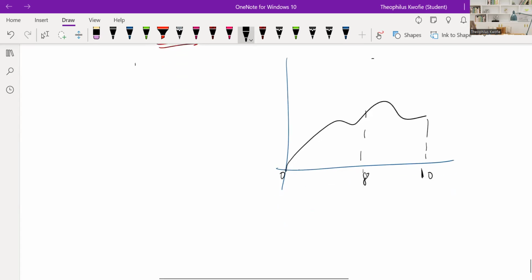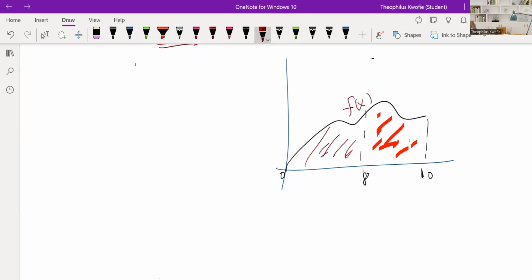Now, we're going to find the area here, then we add it to the area here, okay? That's all that we are trying to do. So we want to find the area from 0 to 8, and then the area from 8 to 10, then we add them. That's the whole point, okay?